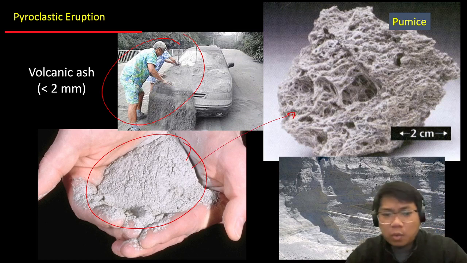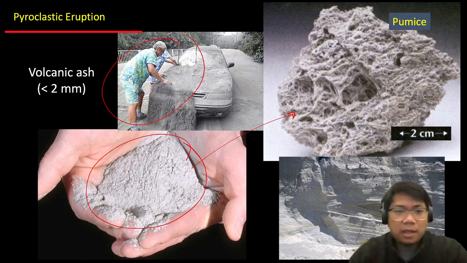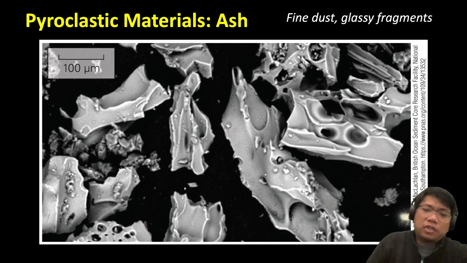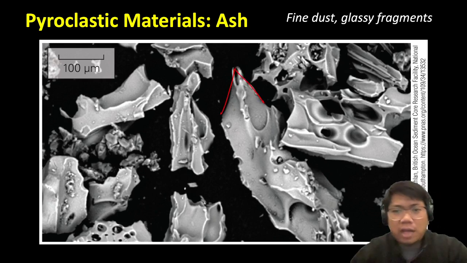Some of the quartz crystals are very sharp, and you just don't want to inhale this volcanic ash. It's very bad. This is what volcanic ash looks like under a microscope. As you can see here, the crystals are very, very sharp, and again, you don't want these things in your lungs.